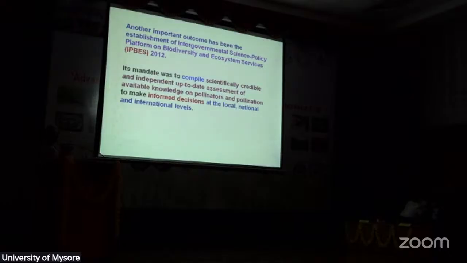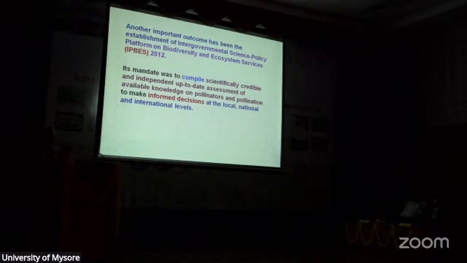Another important thing that happened in 2012 is the establishment of the Intergovernmental Science-Policy Platform on Biodiversity and Ecosystem Services. This is abbreviated as IPBES, and it was established in 2012.